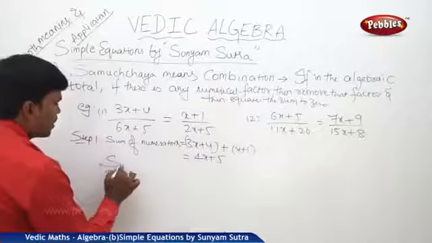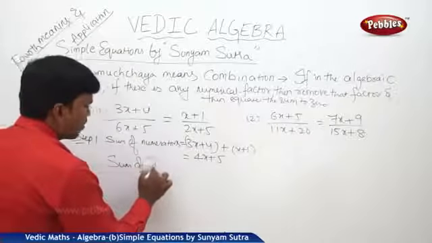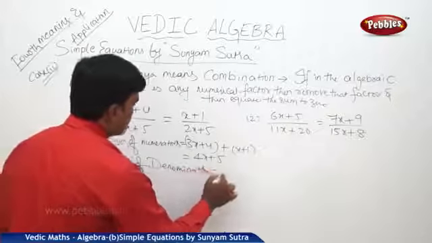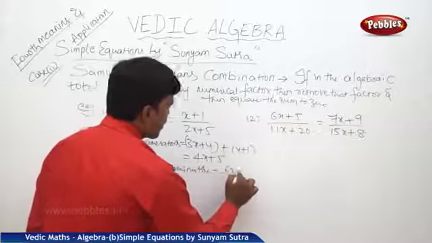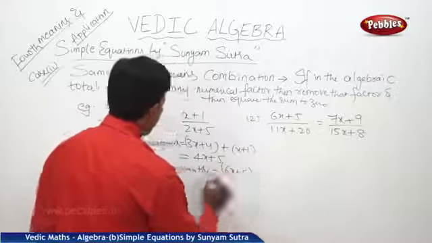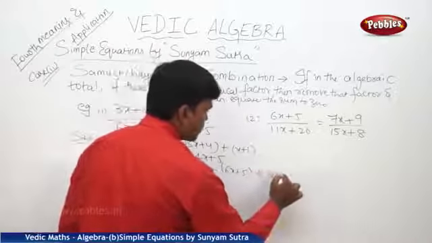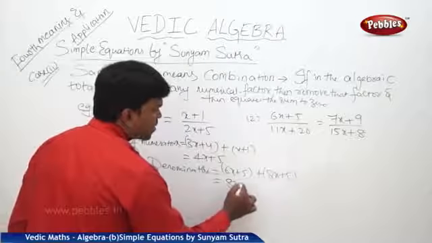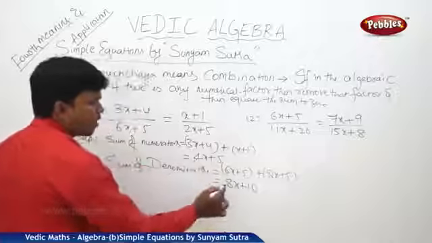Now the sum of denominators. What is the sum of denominators here? 6x plus 5 plus 2x plus 5. Just take the sum of these two. How much will you get here? 8x plus 10. Here 4x plus 5 and here 8x plus 10.